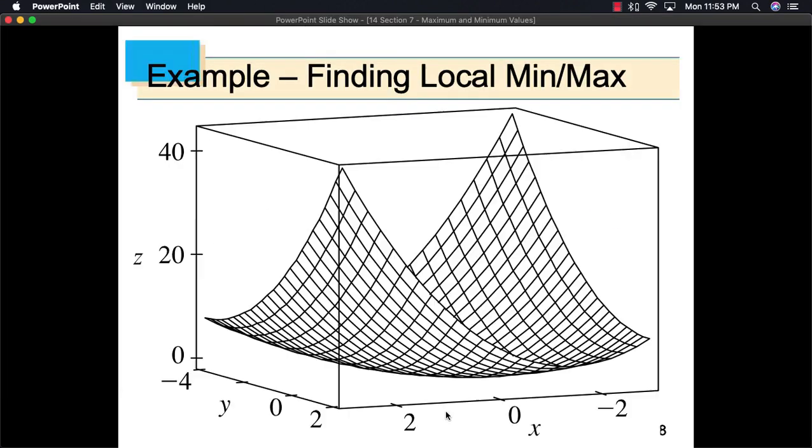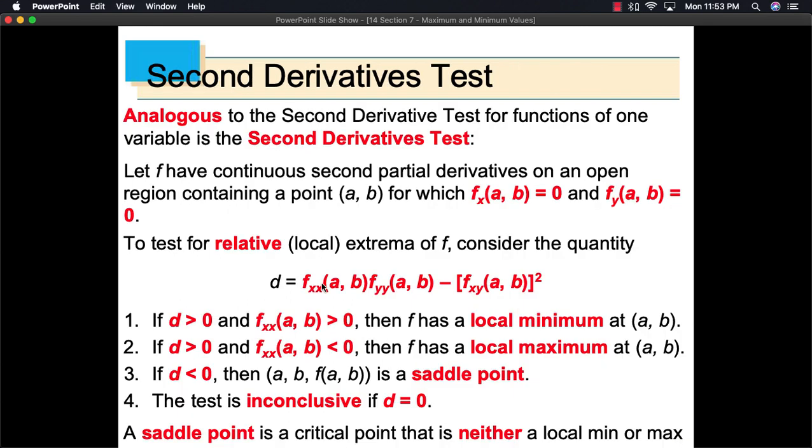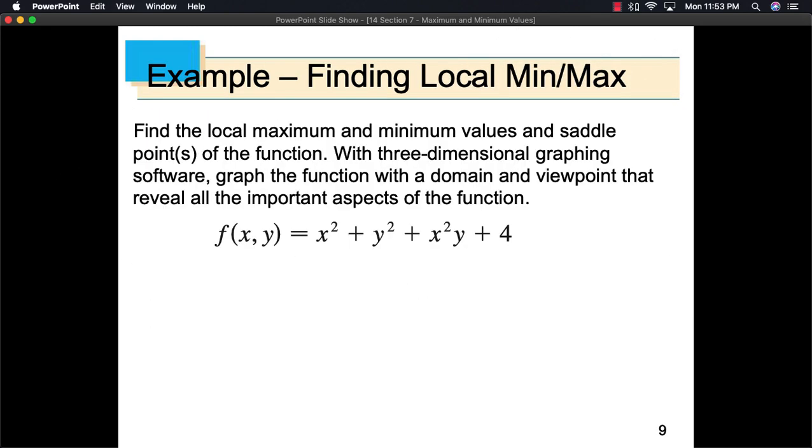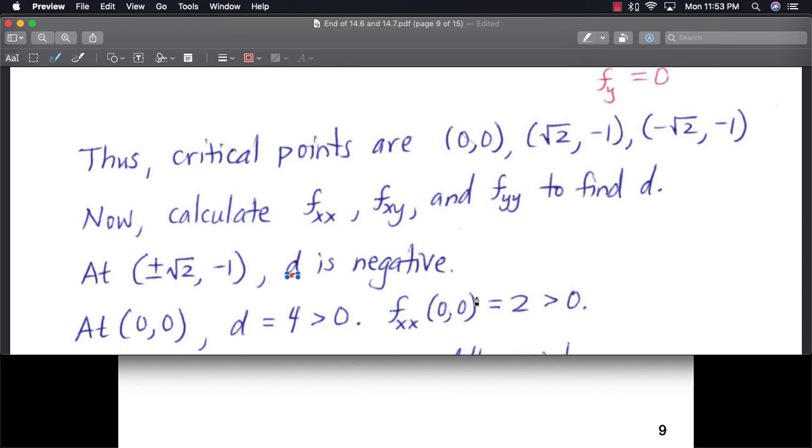Once again, it's the same one here, this guy right here. Please plug it in there to discover where it's negative and positive. Now, at plus or minus rad 2, negative 1, it's negative. So that means at both of these points, plus or minus rad 2, negative 1, they're both saddle points.